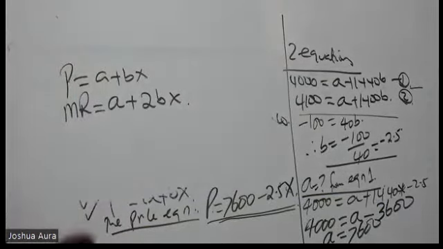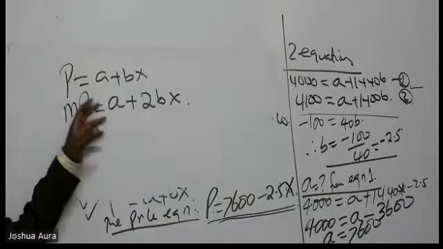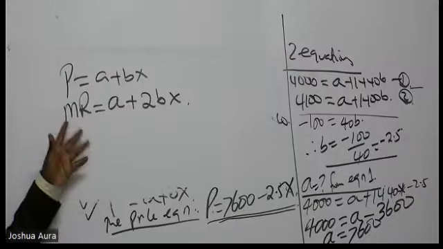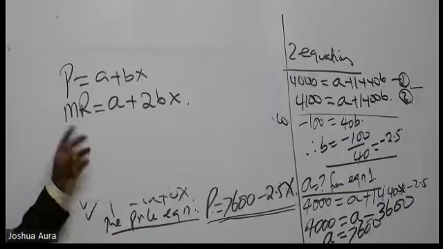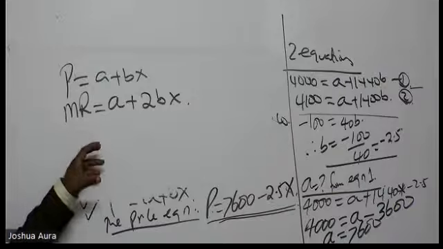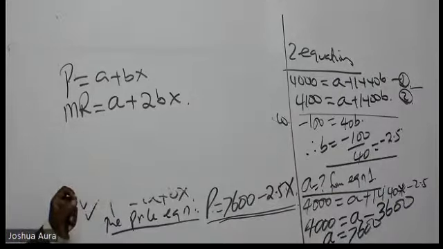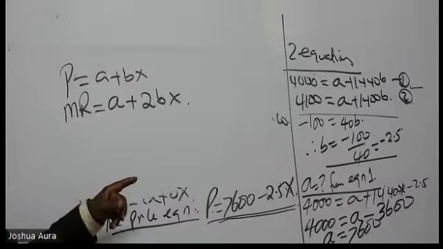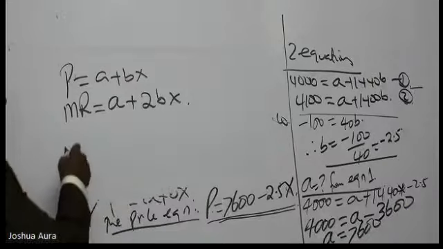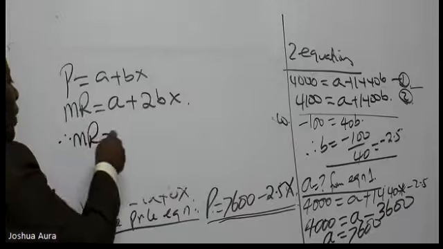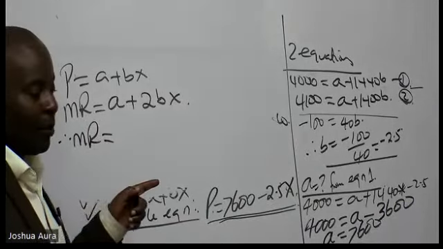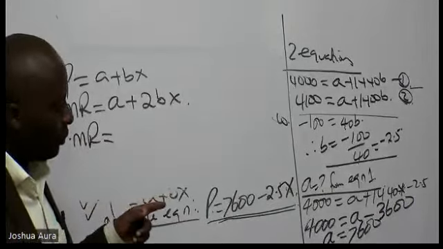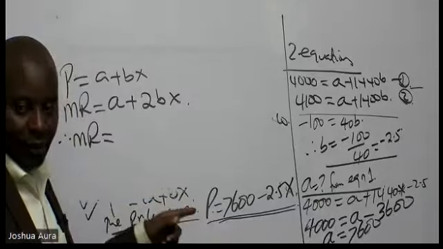In my class, I must have told you that if price is A plus BX, then always marginal revenue, you can take this shortcut where you say marginal revenue is A plus 2BX. Now listen, in this question, do we know what our A is? 7,600, isn't it?